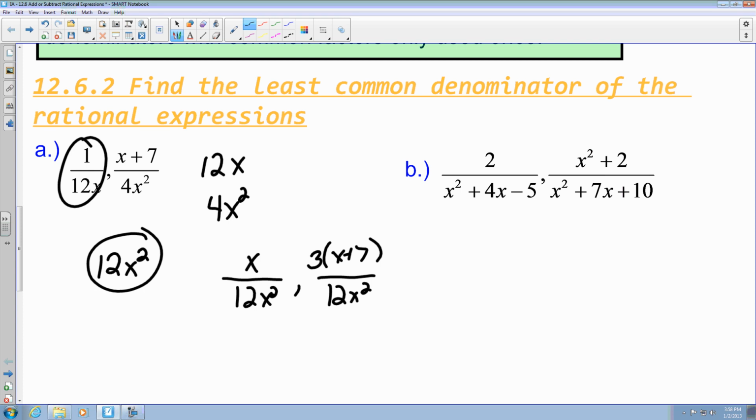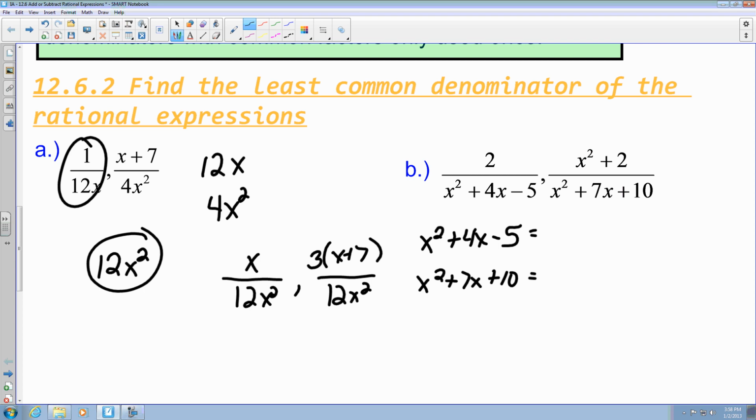Let's look at B. So again, I'm only concerned about the denominator. So I have my x squared plus 4x minus 5, and then on the other one I got x squared plus 7x, not minus, it's plus 7x plus 10.